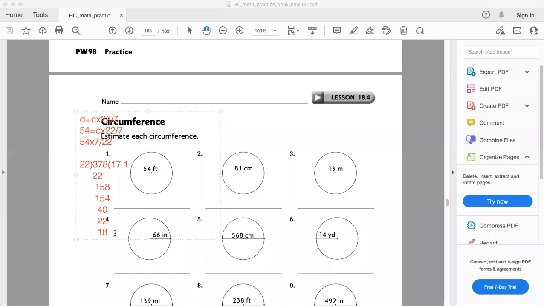Ma'am, 18. So what will come down from this point, beta? Ma'am, 0. Very good. Now divide this. With which number will you multiply 22 to divide 180 and 22?